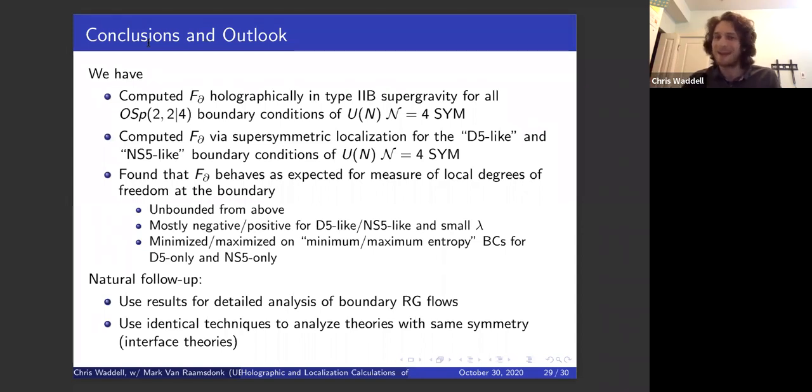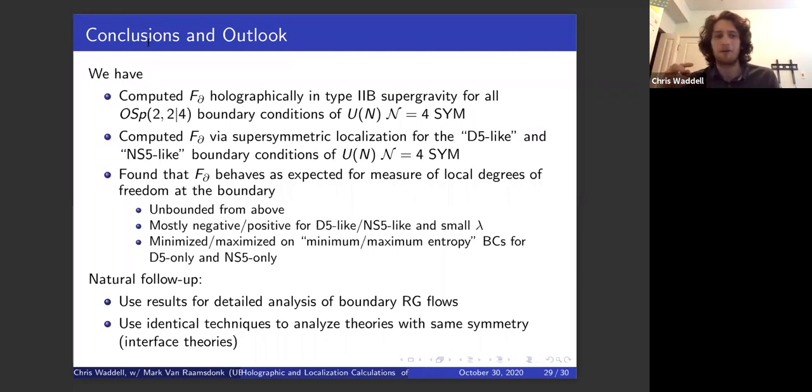And we found that it behaves as you would expect for a measure of the local boundary degrees of freedom, in that it was unbounded from above. It took predominantly negative or positive values when the 't Hooft coupling is small, and we consider D5-like or NS5-like boundary conditions respectively. And it was seen, at least in the supergravity calculation, to be minimized or maximized on the minimum and maximum entropy boundary conditions when we restrict to D5s only or NS5s only.